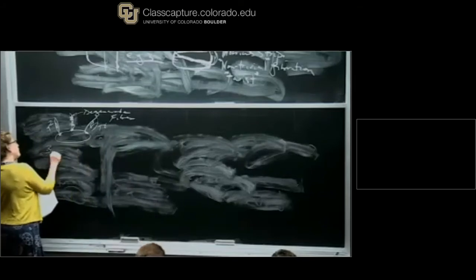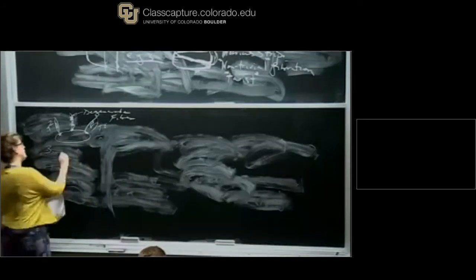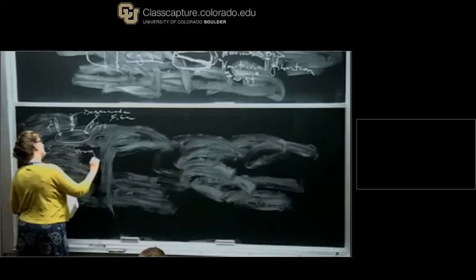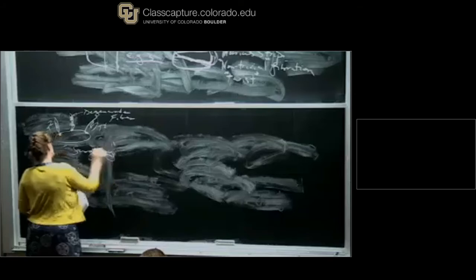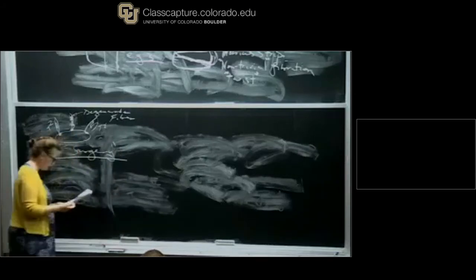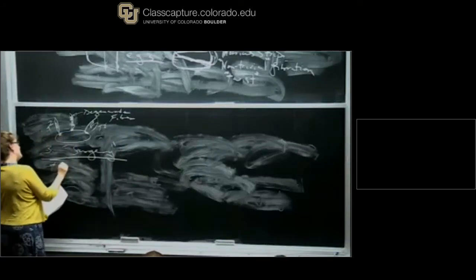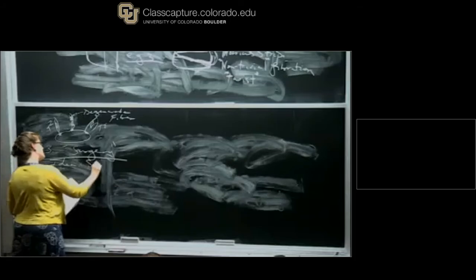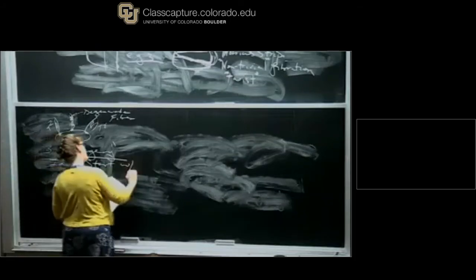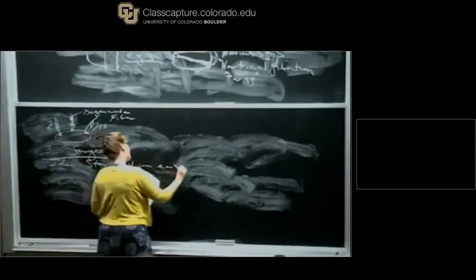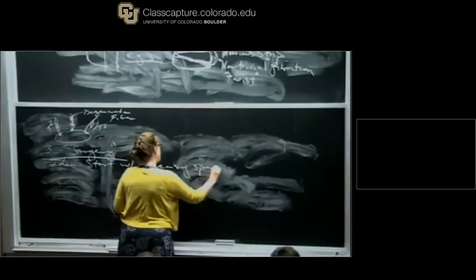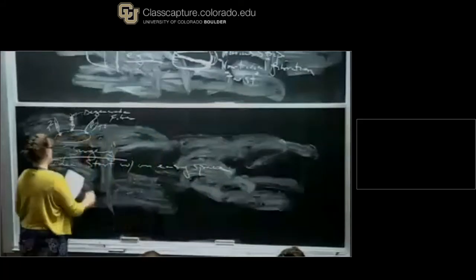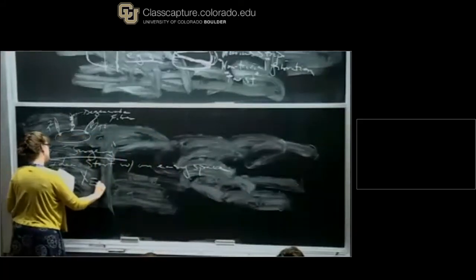And finally, the third tool that I need to talk about is so-called surgery. So what is the idea here? Start with an easy space, X easy, let's call it.